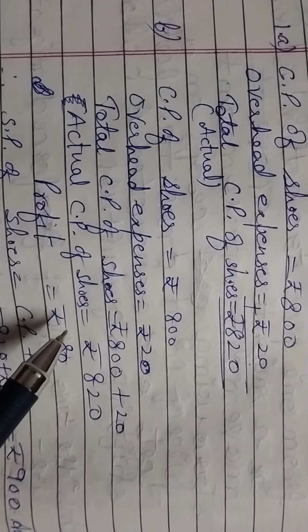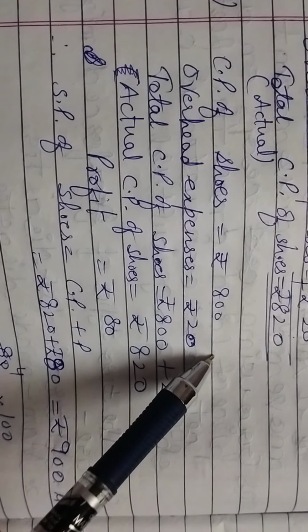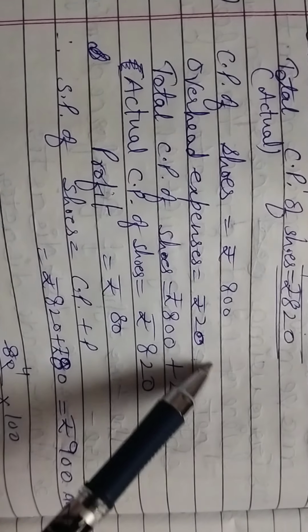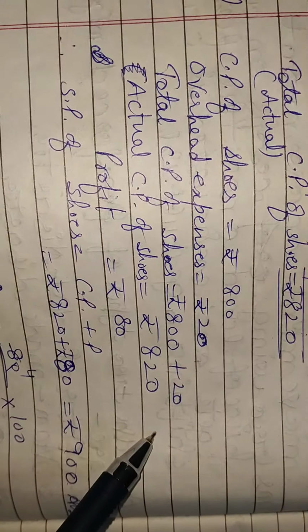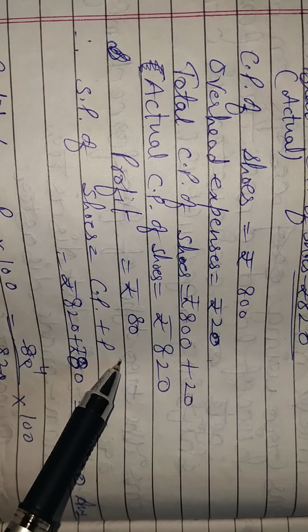Next, in the second part, it is asked to find selling price. Cost price we know, it is given; overhead purchase expenses are given to us, and total cost price or actual cost price of shoes we found. And profit is given to us.